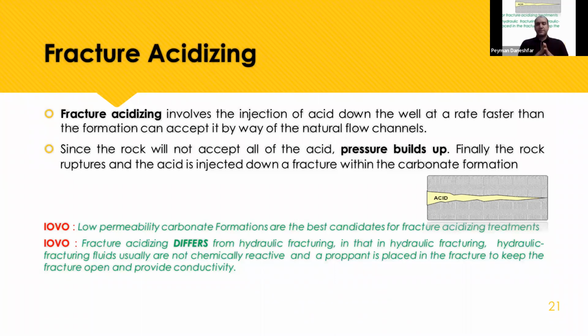Fracture acidizing is an injection of acid down the well at a rate faster than the formation can accept it. It means that you exceed the fracture pressure, and your rate must be much higher, rather than going by way of natural flow channels. Since the rock will not accept the acid, pressure builds up, and finally the rock ruptures and the acid is injected down the fracture within the carbonate formation.